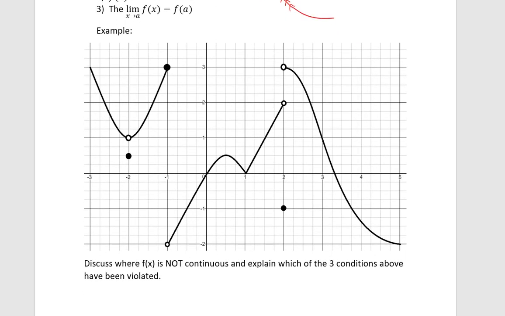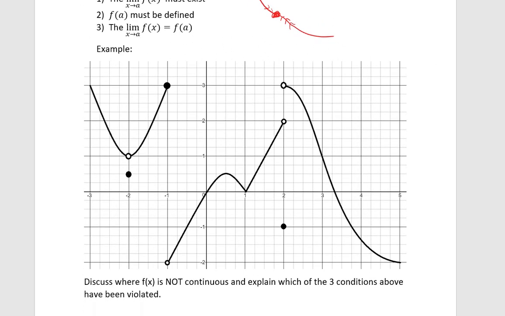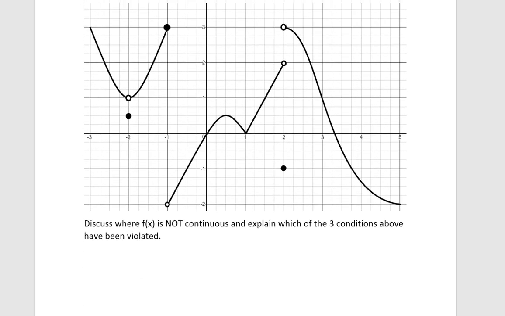So what we're going to be doing is looking at this graph and deciding where it is continuous or where it is discontinuous, that's easier, and which of these conditions have been violated. Straight out the gate, let's highlight where our function fails to be continuous. If I'm drawing this graph, I'd have to pick up my pencil, draw this dot, and then keep going.